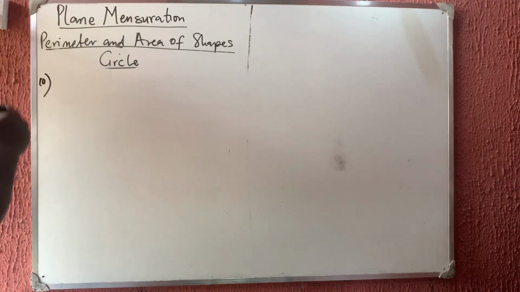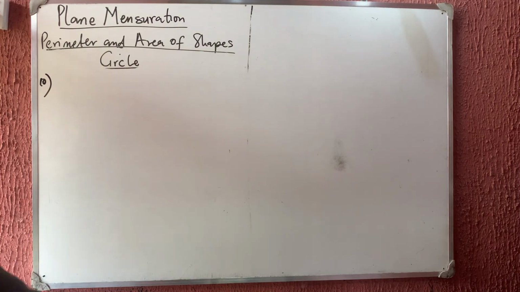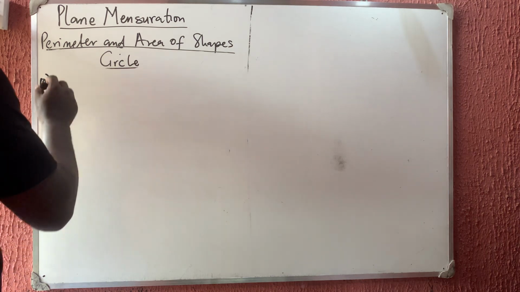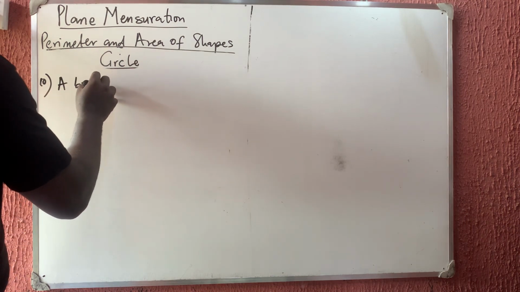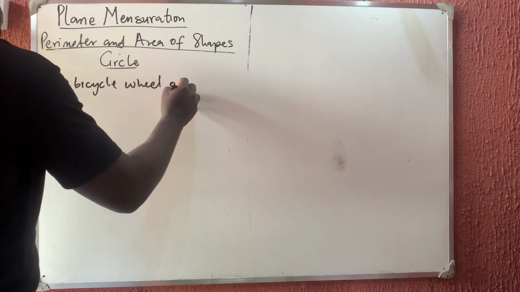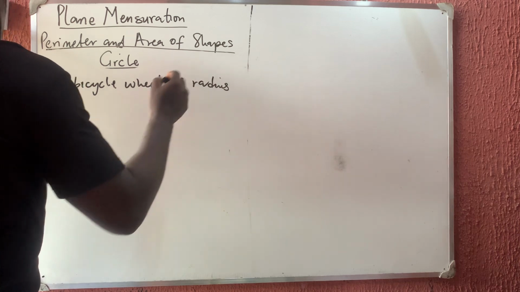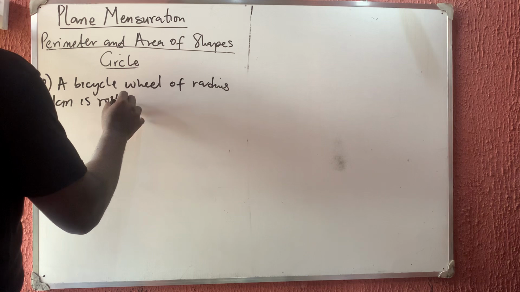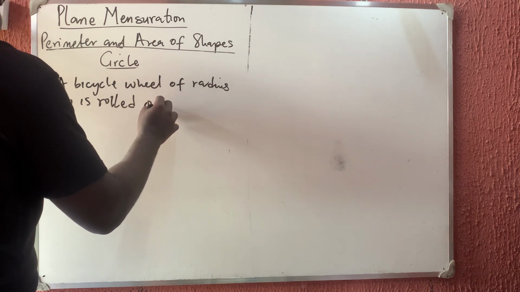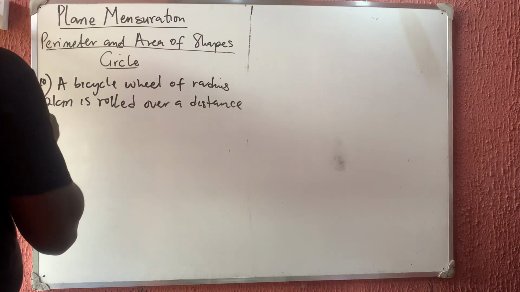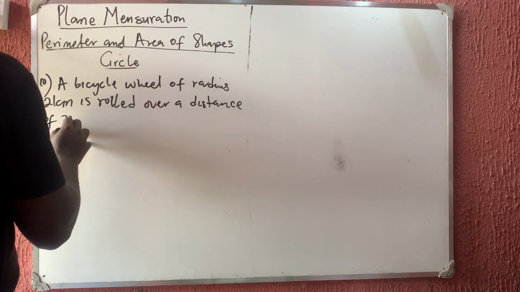Like I told you, the more questions you solve in maths, the more you get familiar with the questions, and then you won't be confused if you see any question related to that particular topic. So the next question here said, a bicycle wheel of radius 21 cm is rolled over a distance of 33 meters.